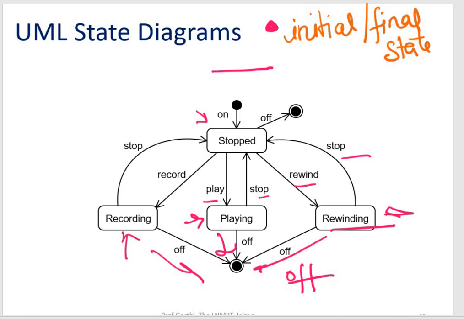In this, the solid one is nothing but the initial or final state, and the solid arrows are the transition.